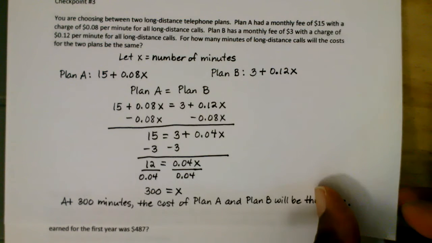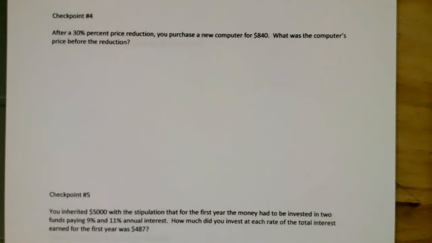All right, next example. Say we had something like this. After a 30% price reduction, you purchase a new computer for $840. What was the computer's price before the reduction?